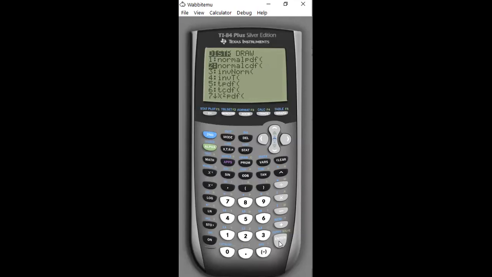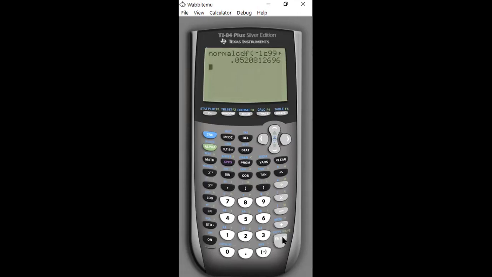So I'm going from here to here, so the lower bound is -1E99. What is my upper bound here? My upper bound here is 240. Then instead of mean equal to 0, what is my mean for this one? It's 266. And what is my sigma here? It's 16 here, right? All right.